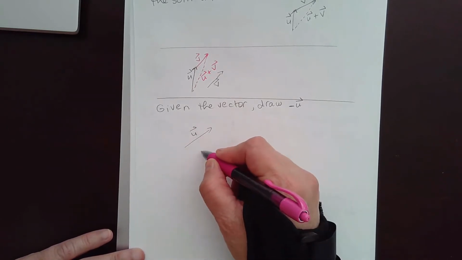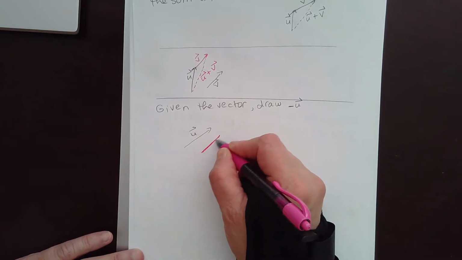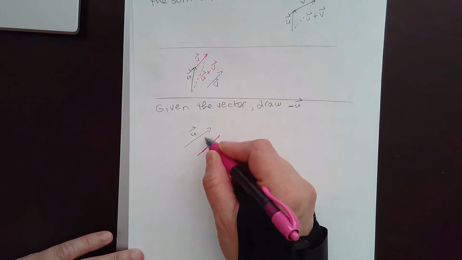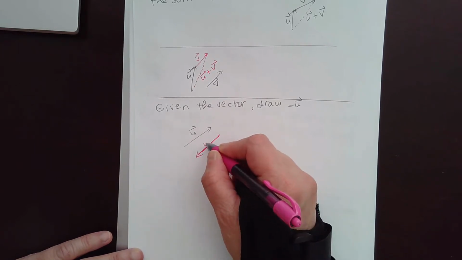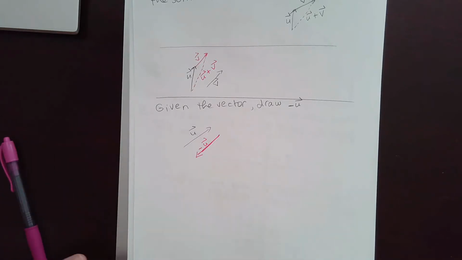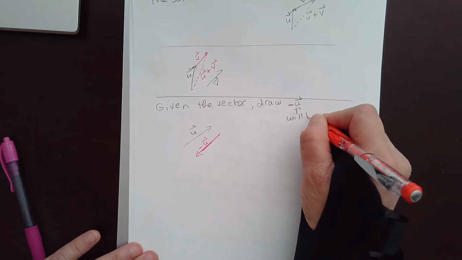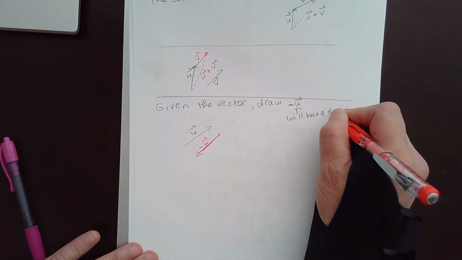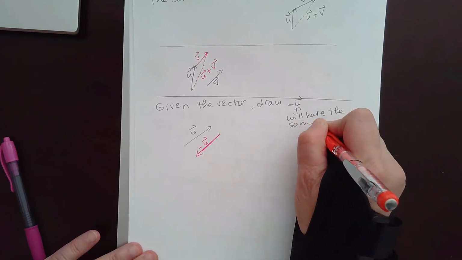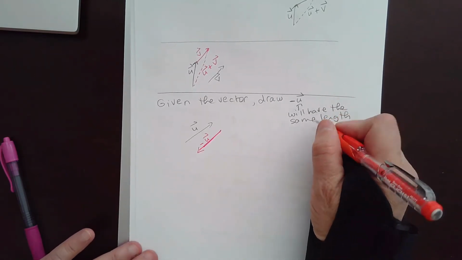So negative u would be the same length, but in the opposite direction. Okay? So it will have, let me write it down so I don't forget, the same length, but point in the opposite direction.